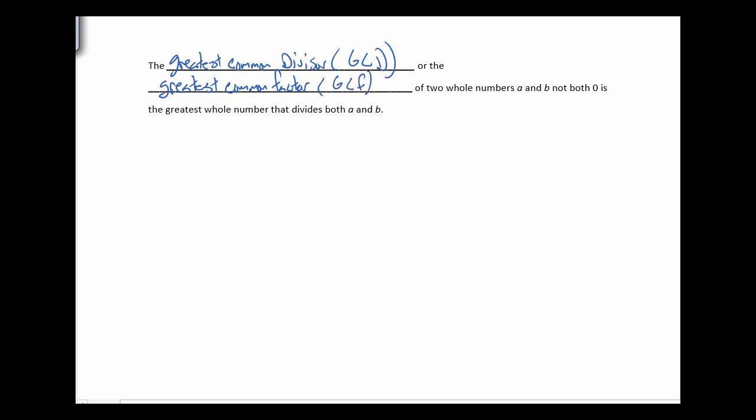The GCD, greatest common divisor, greatest common factor of two numbers, A and B but not 0, is the greatest number that divides both A and B.